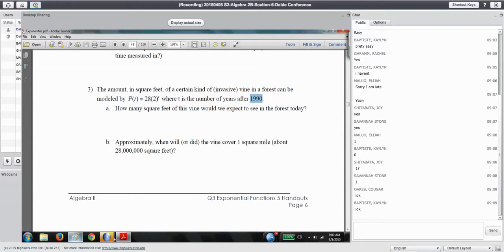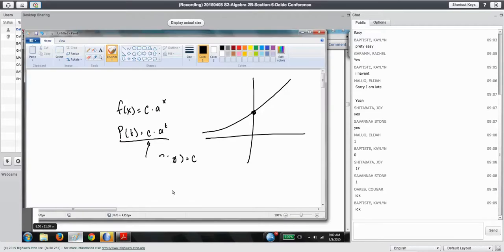So we're looking at how big the plant was in 1990, and apparently it's 28 times 2 to the T. So it's 28 square feet or something like that. Does that make sense?